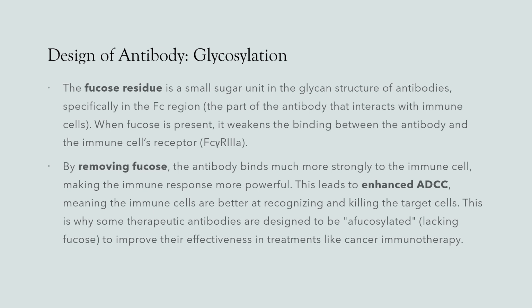So I just wanted to give this example of the fucose residue and how the removal of this fucose can help with enhancing the ADCC effector response. The ADCC effector response is a natural thing that occurs, but this fucose residue mediates that response. So removing the fucose from the antibodies can be achieved by genetically engineering the cell lines that produce them.